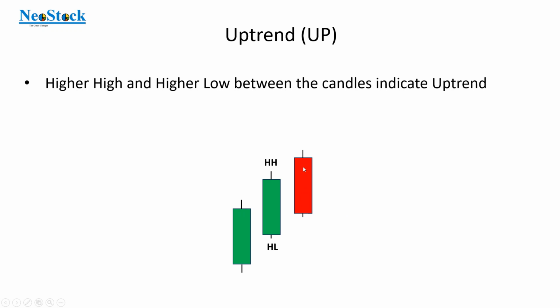Similarly, the next candle is also having higher high and higher low compared with its previous candle. So when candles are maintaining higher highs and higher lows, that indicates the uptrend. But remember, when you are comparing candles, that indicates a short-term comparison. So the trend you have to see from the short-term point of view.